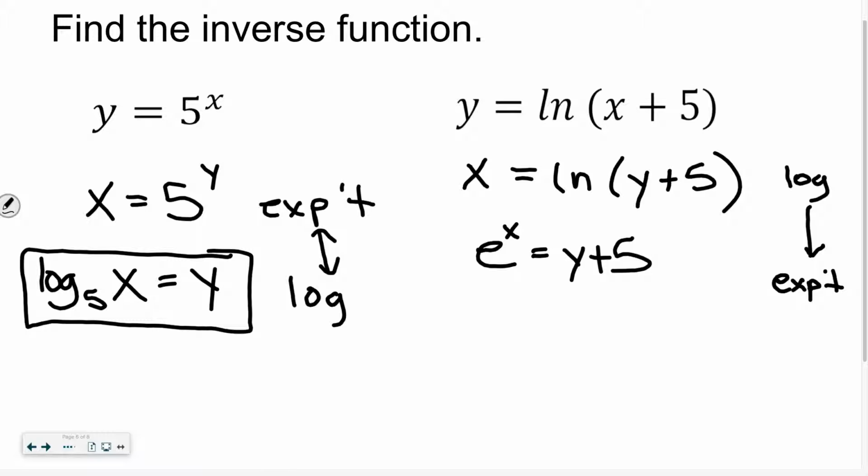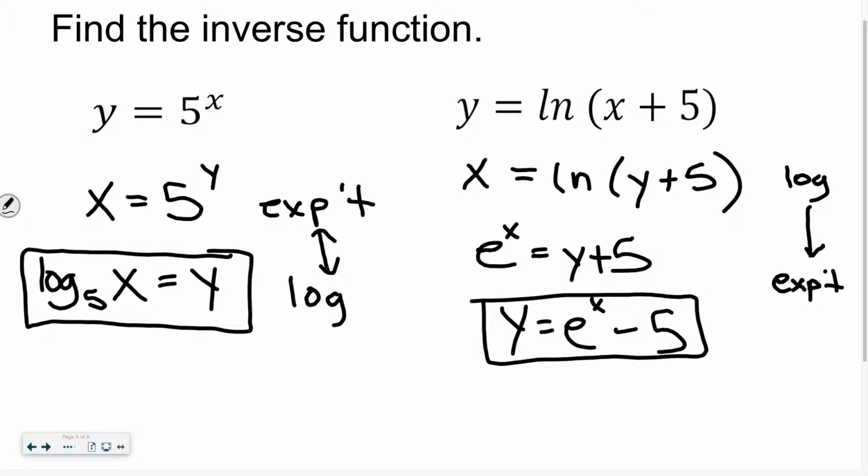Can you solve for y? Subtract 5. Now that 5 is down on the regular line of text, not up in the exponent. Okay, so remember, when you have something that's in log form, the thing that the log equals is going to turn into your exponent, right?